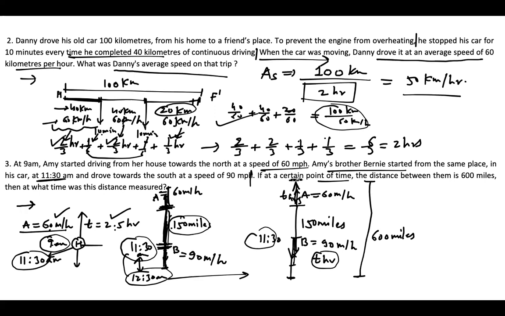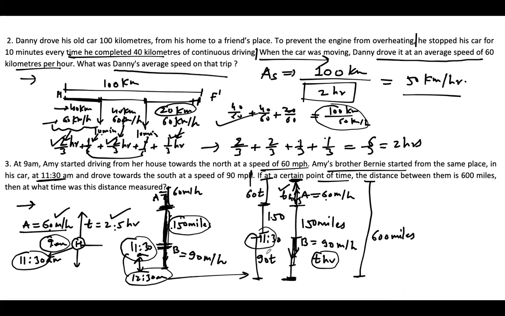So whenever A is reaching here and B is reaching here, time taken will be constant. So what is the distance in this stretch from here till here? You know the time as T, you know the speed. Speed into time, which is 60T. This distance you already know, 150. What is this distance? 90T.